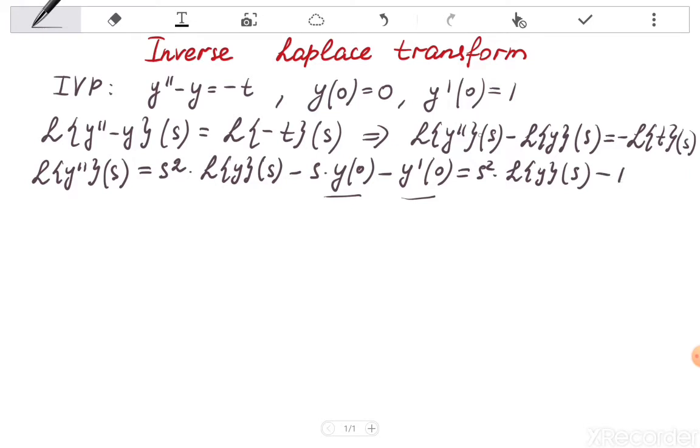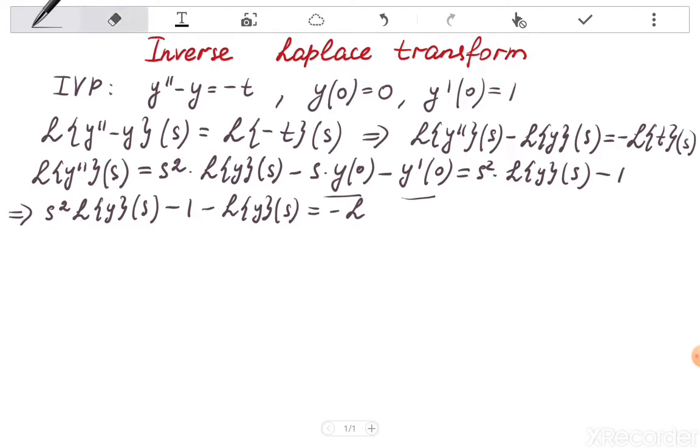Let's replace this Laplace transform of the second derivative in this equation by this expression. What do we obtain? Laplace transform of the function at a point s minus 1 minus Laplace transform of the function at a point s is equal to minus Laplace transform of t.